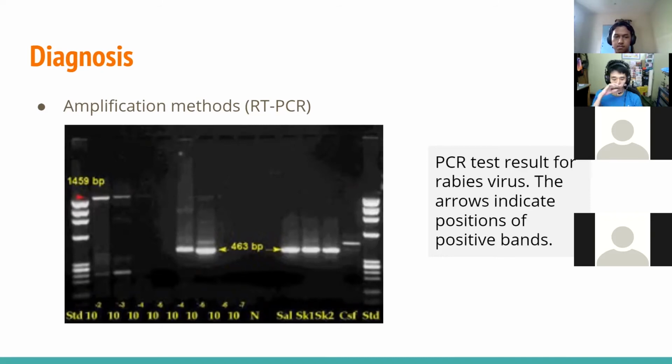The DNA copy of rabies can then be amplified using polymerase chain reaction. This technique can confirm the DFA result and can detect rabies virus in saliva and skin biopsy samples. The pictures show the PCR test result for rabies virus, and the arrows indicate the position of the positive bands. I'll pass to the next presenter.